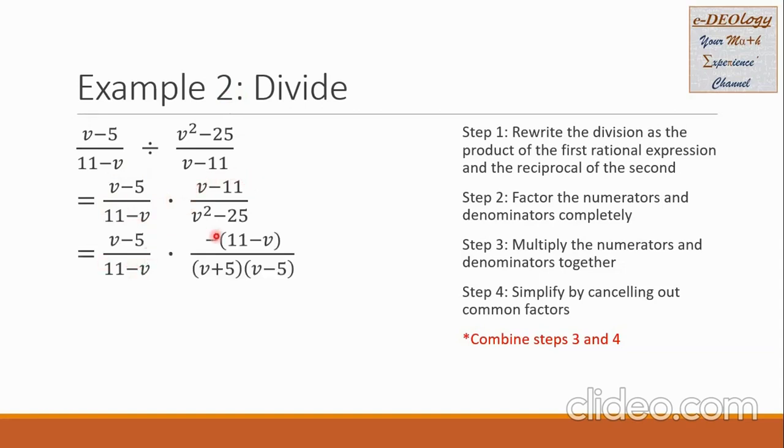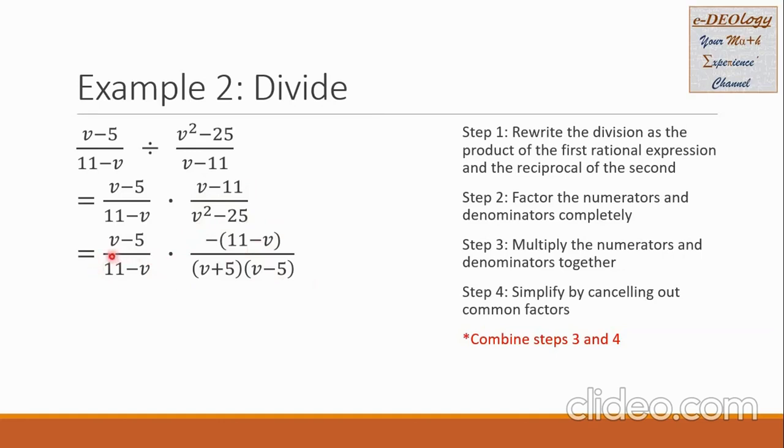While the second rational expression, let's begin with our denominator. The v squared minus 25 is now factored into v plus 5 times v minus 5. In the numerator, the v minus 11, we can write this as the negative of 11 minus v. We put it this way so that later we can cancel this with the 11 minus v in the denominator here.